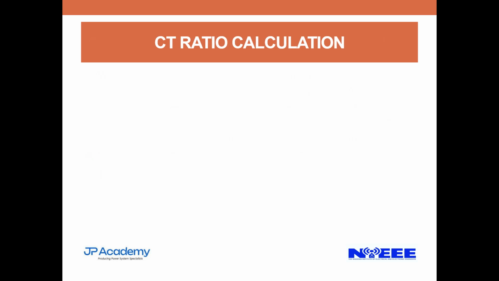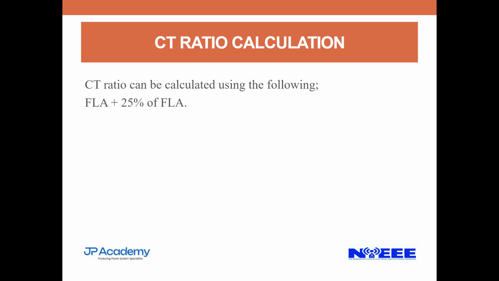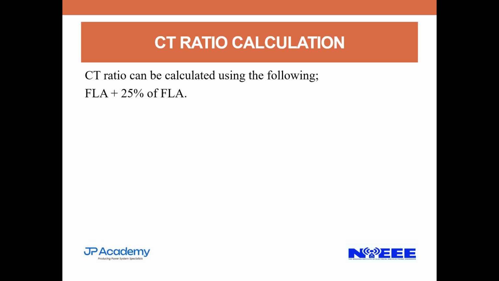So how can we calculate the CT ratio? Now, the CT ratio can be calculated using this formula, where we have FLA. FLA is simply the full load current in amperes. Then we are going to add 25% of the full load current in amperes.